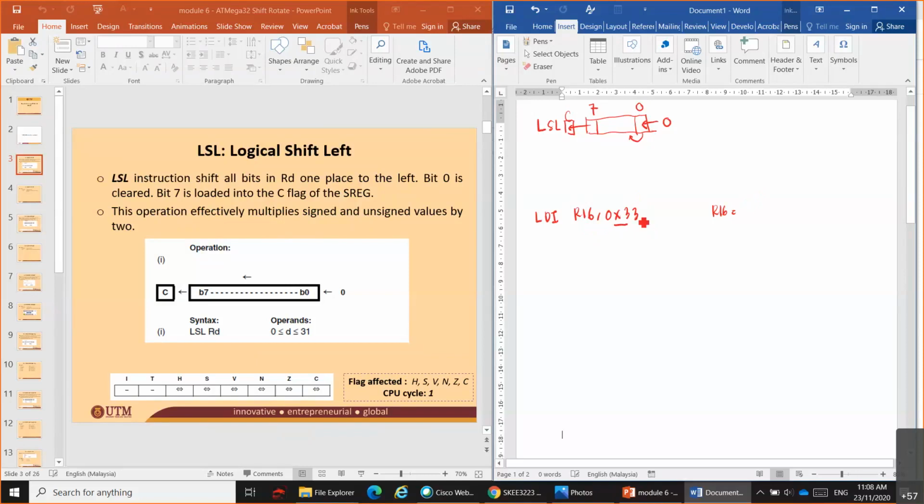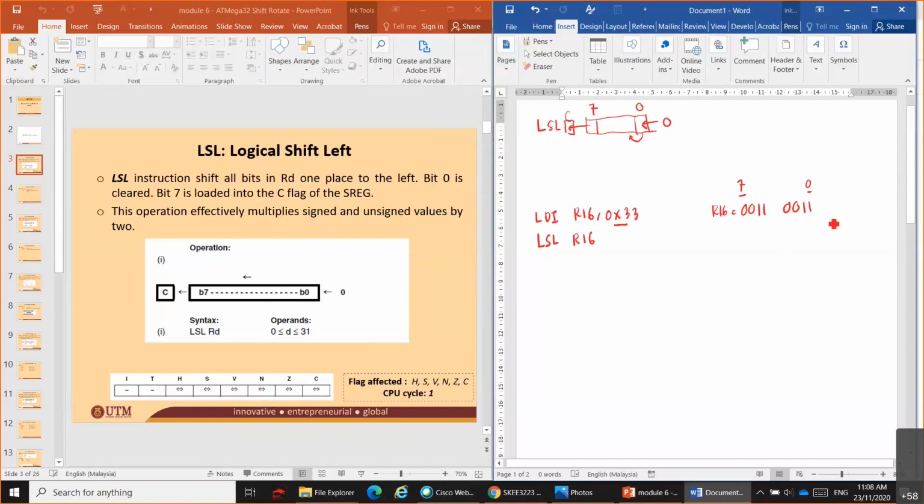By converting 33 to binary, you will get 0011 0011. This is your bit 0 and this is your bit 7. Next, LSL R16. You're going to do a logical shift left on your R16. This is the initial value of your R16.